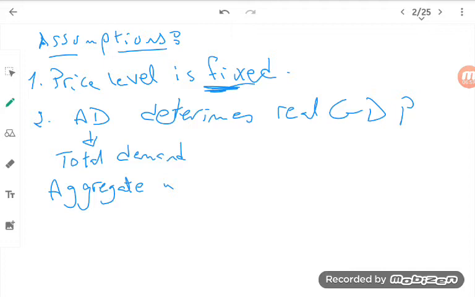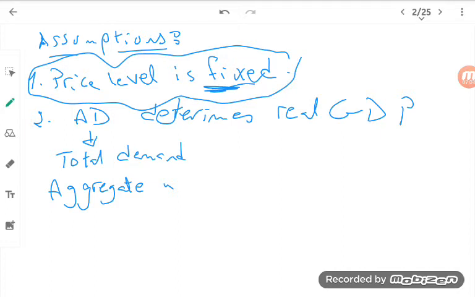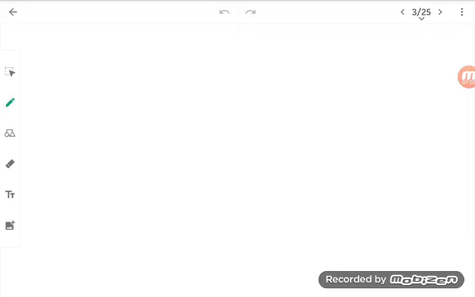This is in the short run, as prices are fixed. Okay, so we can say that Y, which is income, equals C plus I plus G plus X minus M.